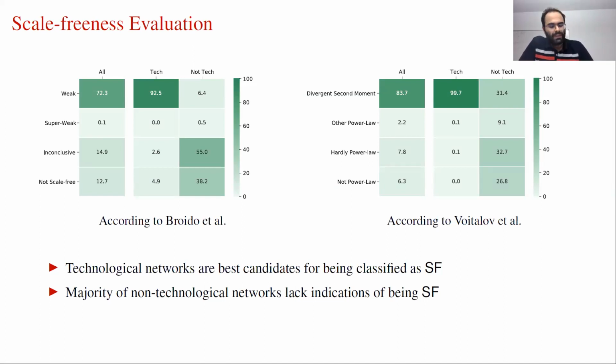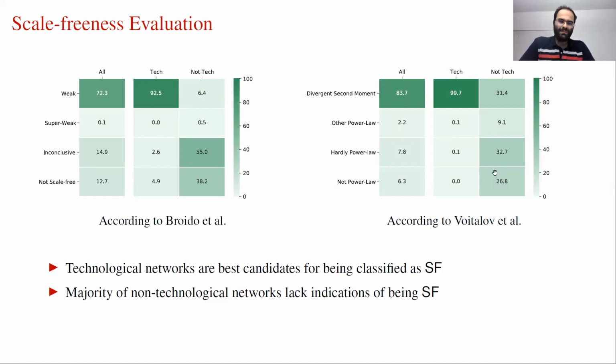And if we do that, we see that almost all of the technological networks, 92% in the case of Broido et al. and 99.7% in the case of Voitalov et al., fall in the highest class of scale freeness according to each method. And if we exclude them from our collection, then basically whatever remains lacks indication of being scale free, because then most other networks fall in these categories.